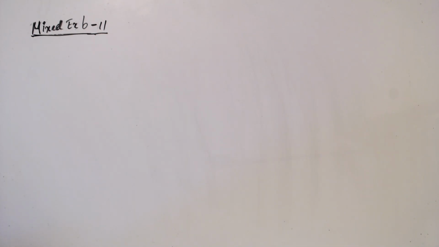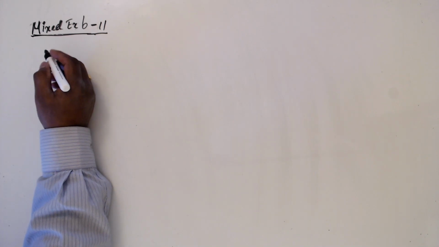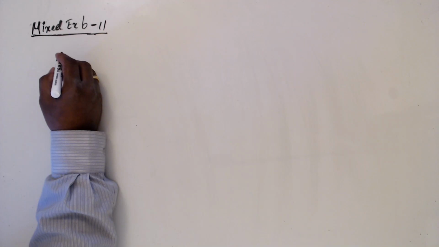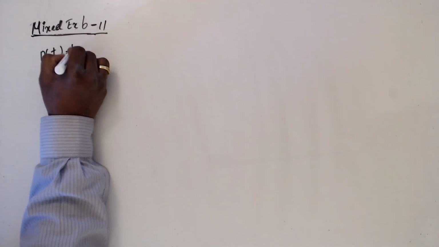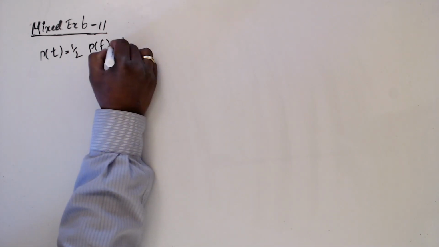Now this one is number 11. A completely unprepared student is given true false type test questions, and find the probability that the student gets the answer correct. So it's true and false, two options. So the probability of getting true is half, and probability of getting false is also half.